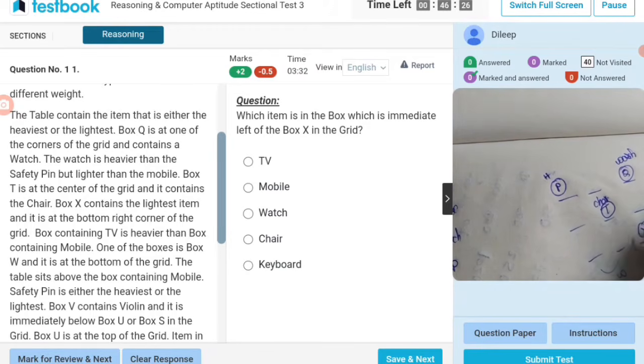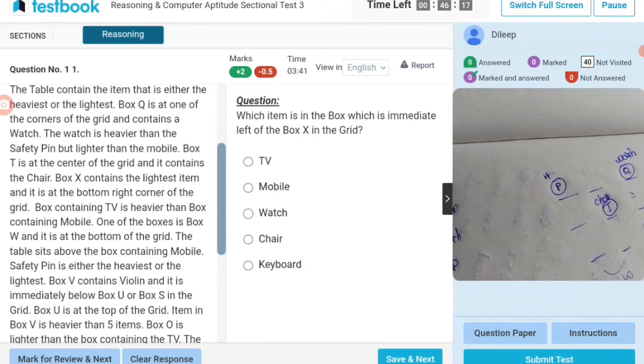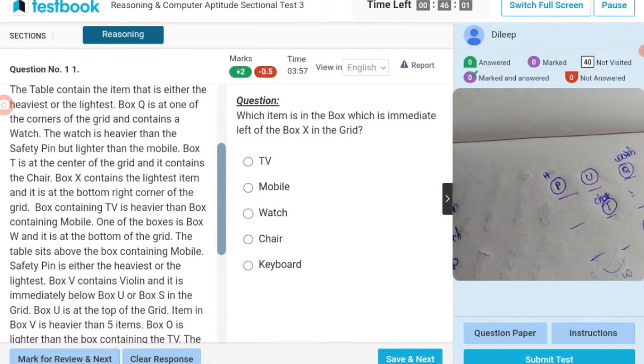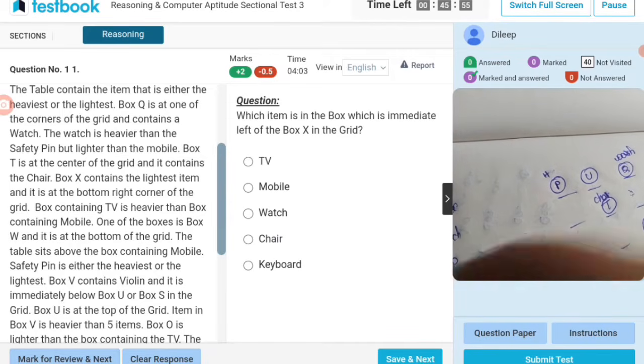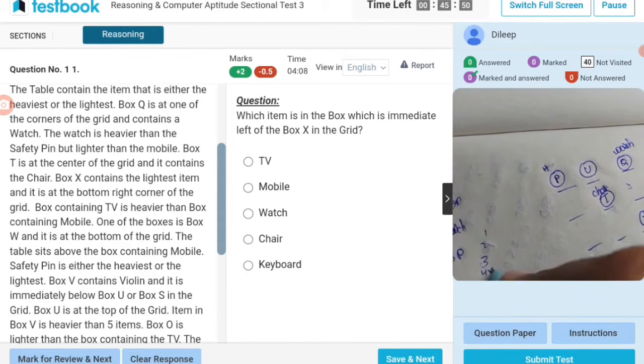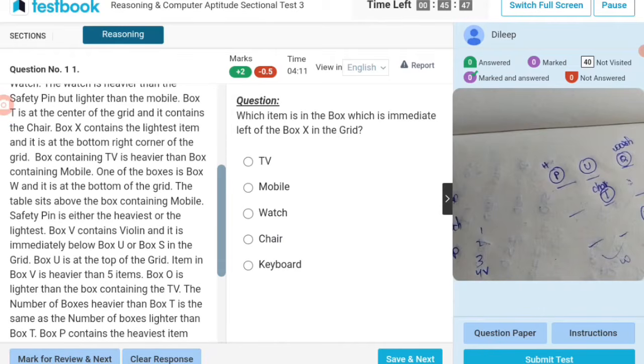V contains a violin and is immediately below U or S. U at the, so U. V is heavier than 5 items and O is lighter than TV.